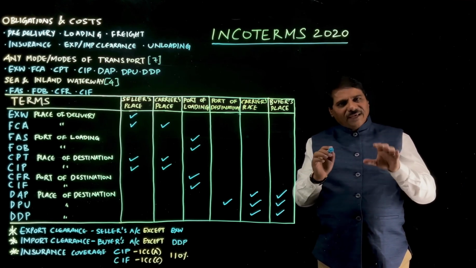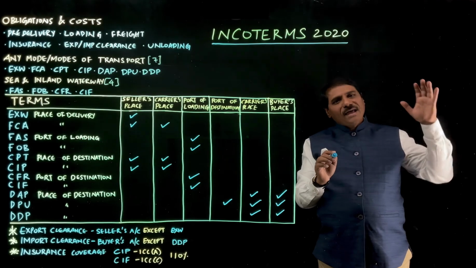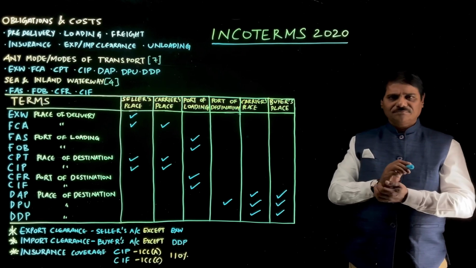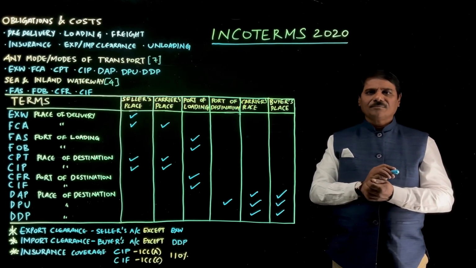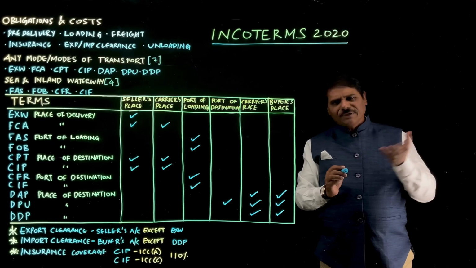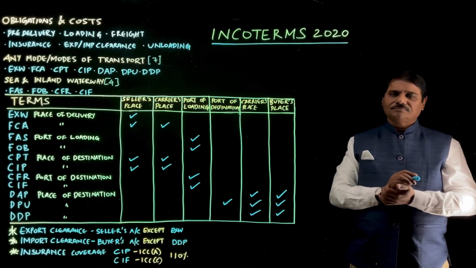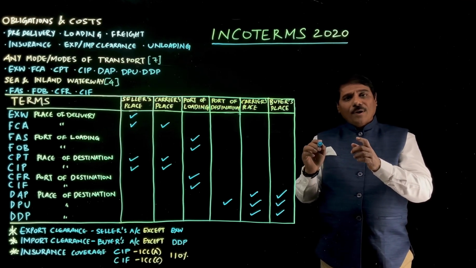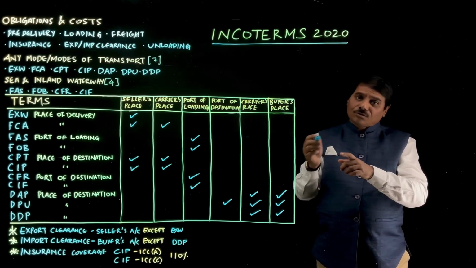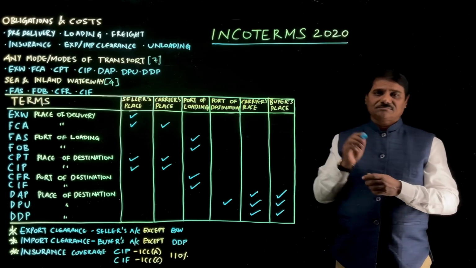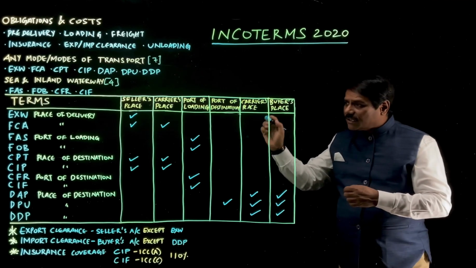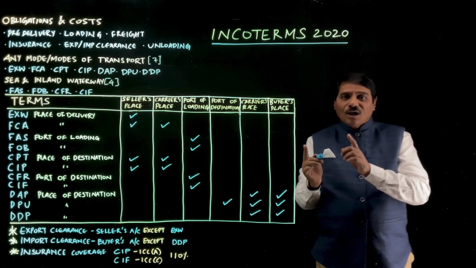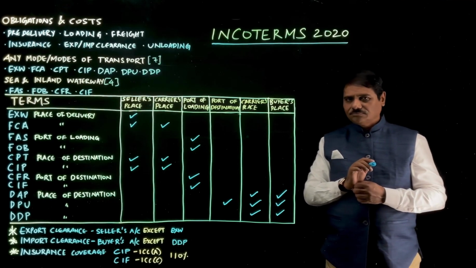In this case, again, the buyer has to engage the carrier, that is the shipping company, or the buyer also can come with his own vehicle. But loading the goods onto the truck is the responsibility of the seller. Please understand the difference between ex works and FCA as far as loading onto the truck is concerned.